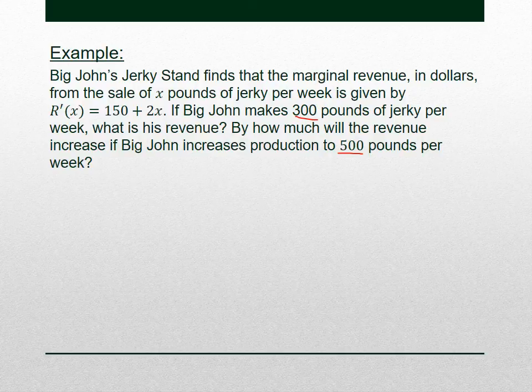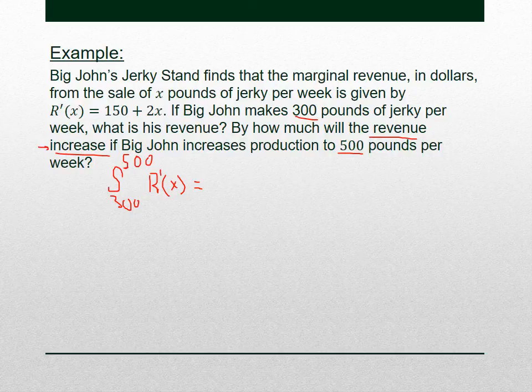All right, now let's look at this second question here. And that says, by how much will the revenue increase if Big John increases production from 300 to 500 pounds per week? And so the way we figure that out is using a definite integral.